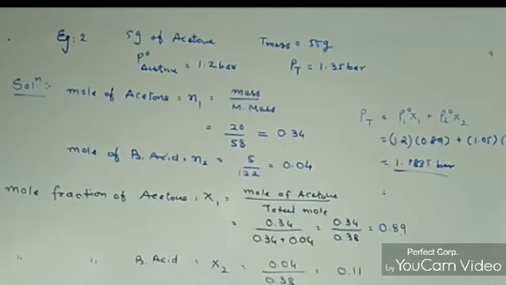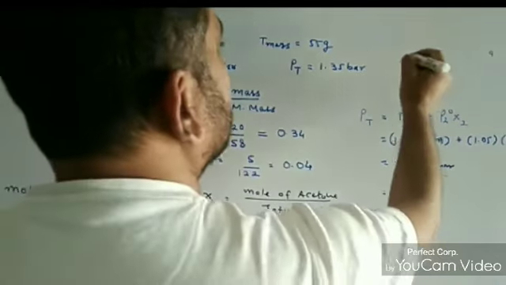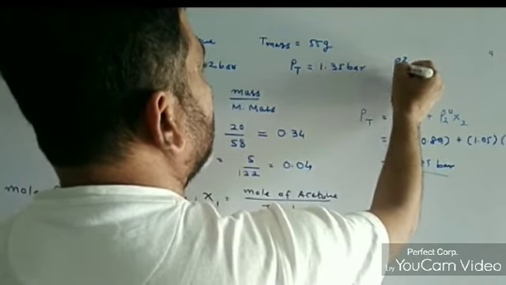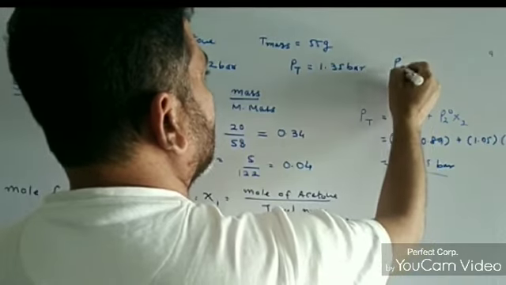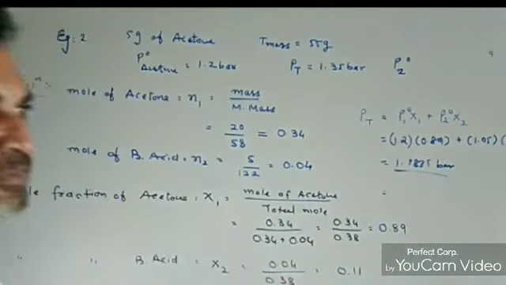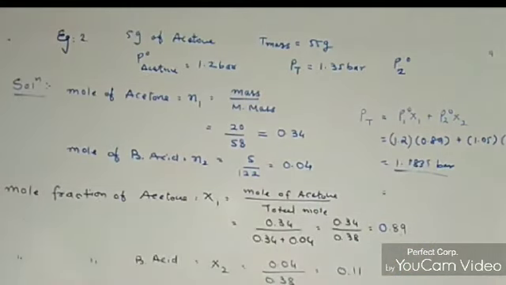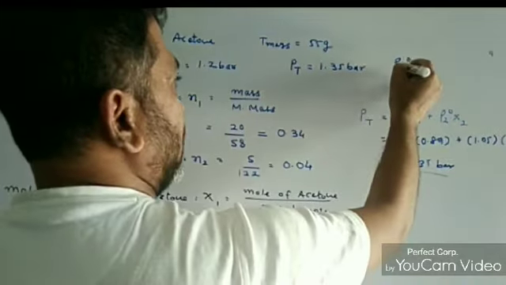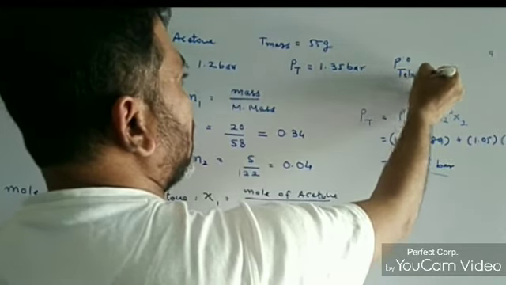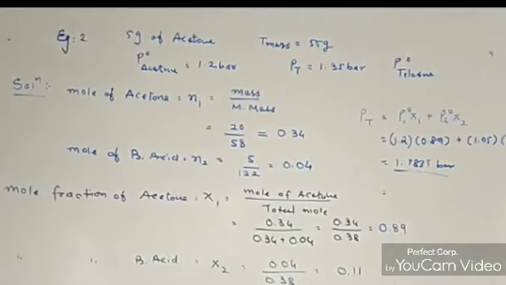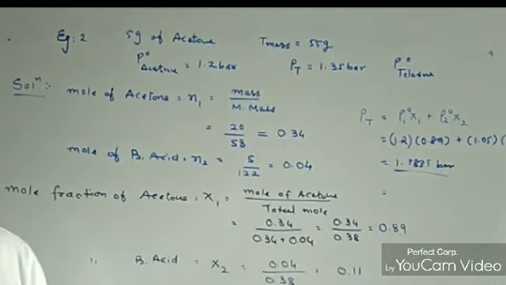So you have to find P20. Here you have to find toluene, in short. Whichever you take as P1, I don't mind. Okay, so this is our question that you can deal with. This will be your homework.